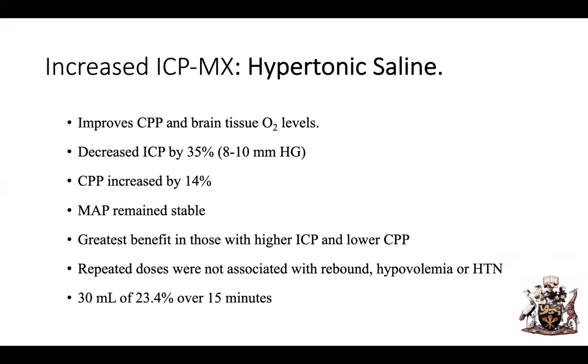You can give 3% saline at a rate of 1 ml per kilo per hour. So if it's an 80 kilo person, you can give 80 ml per hour. But the only thing is that you have to monitor your sodium every 6 hours.